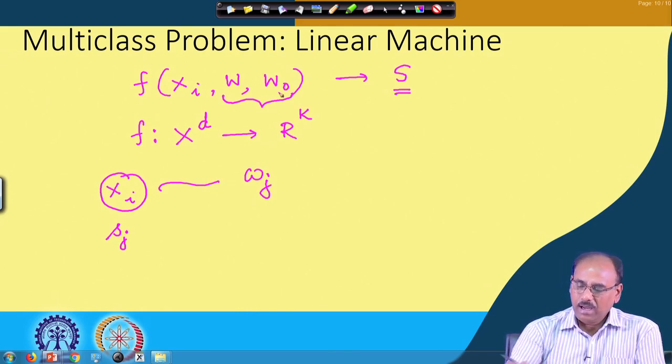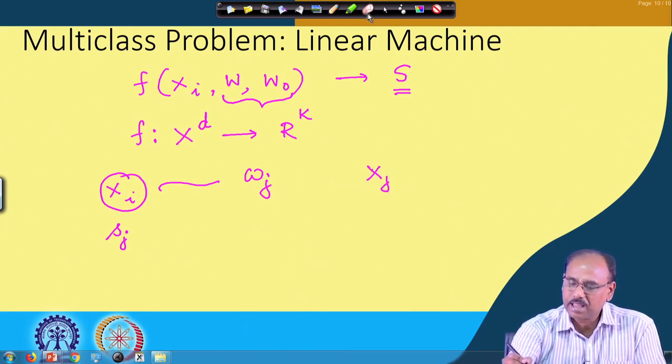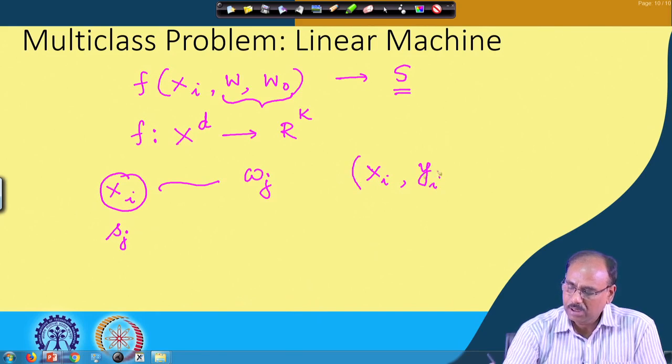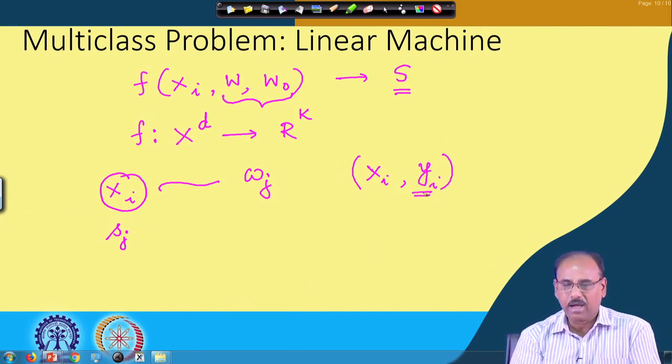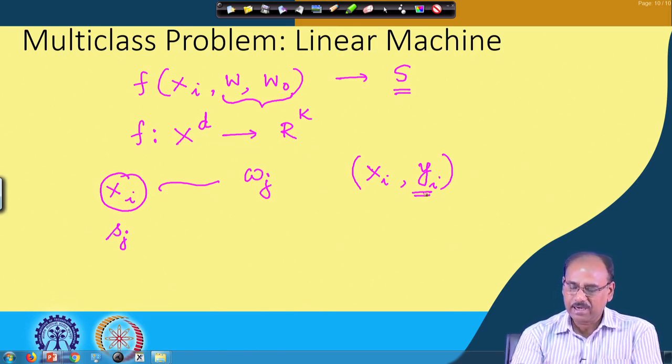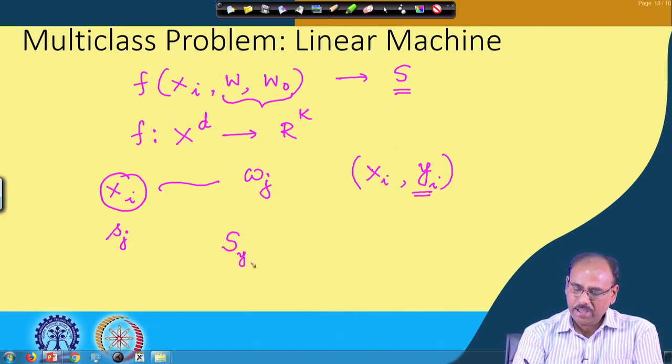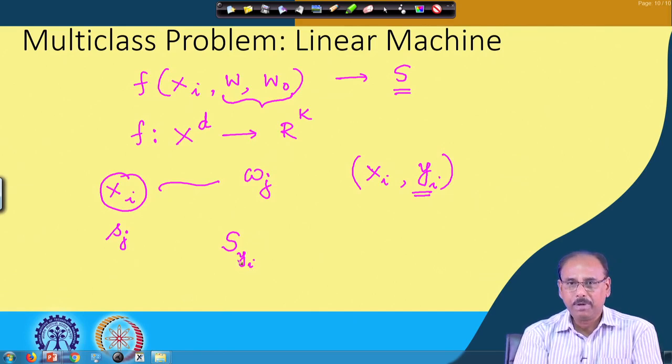And now, if my training vector x i is taken from class omega i, or the corresponding class index is y i, then obviously what I would like to see is that for the score function S, the y ith component of this score function should be maximum, so that the classification as given by this linear machine is correct.